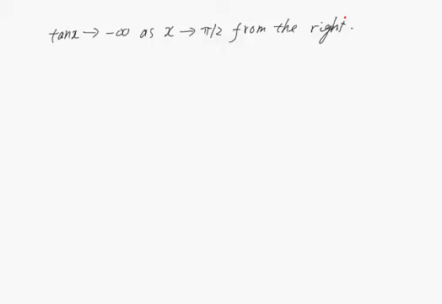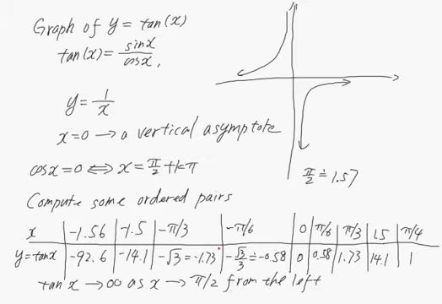And we can also see from all those values we just computed here, in this interval from negative half pi to half pi, tangent x is increasing. You see, from negative 92.6 to negative 14.1 and to negative 1.73 and then to 0 and then to positive 1.73, right?